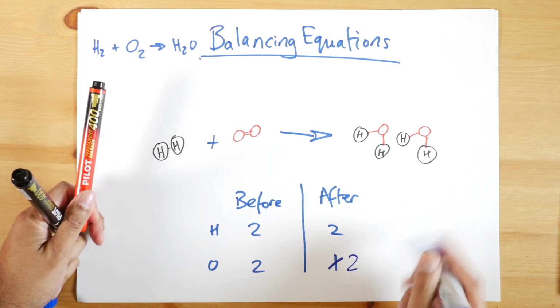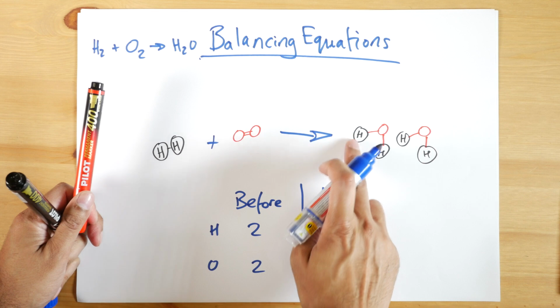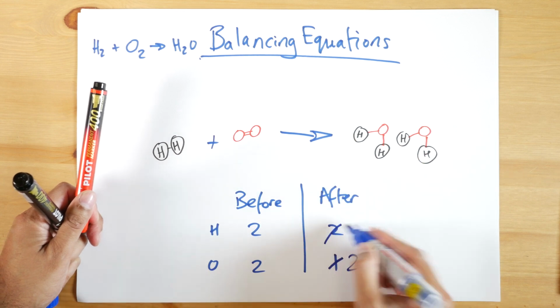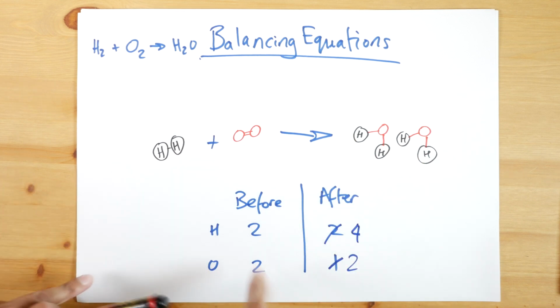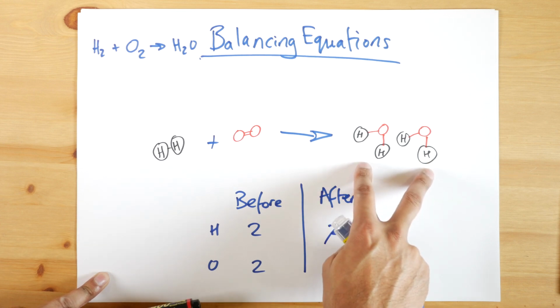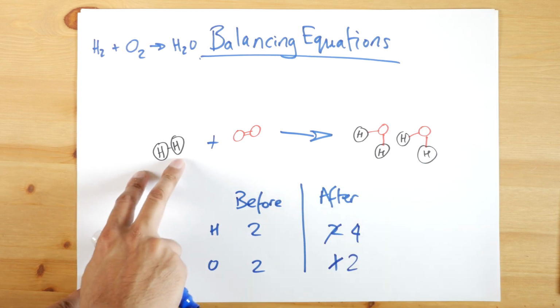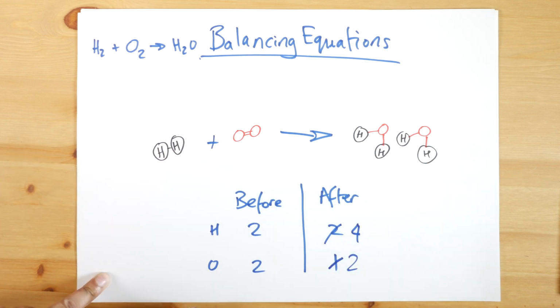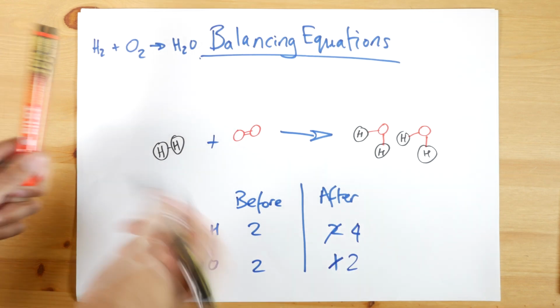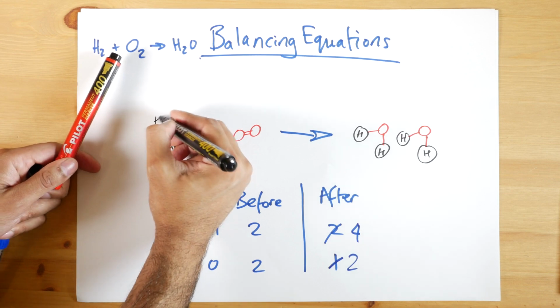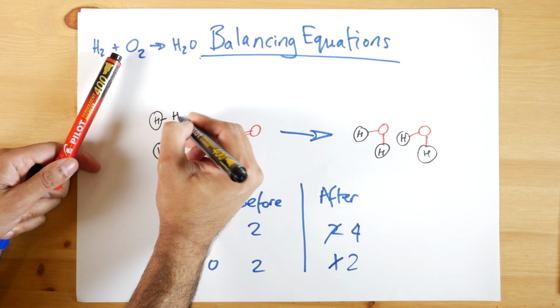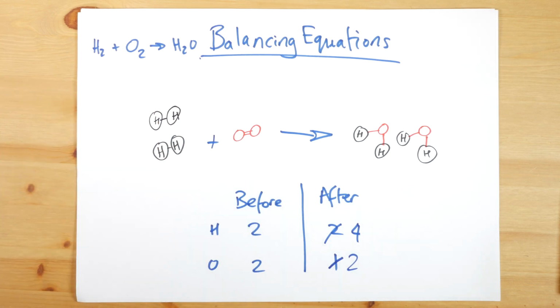We've got 2 oxygens now. But unfortunately, you've got 1, 2, 3, 4 hydrogens. So we've got double the number now on this side for hydrogen than we have before the arrow. So we've got to change that one before the arrow. Not a problem. We only need 2 more, and conveniently it comes into like so.